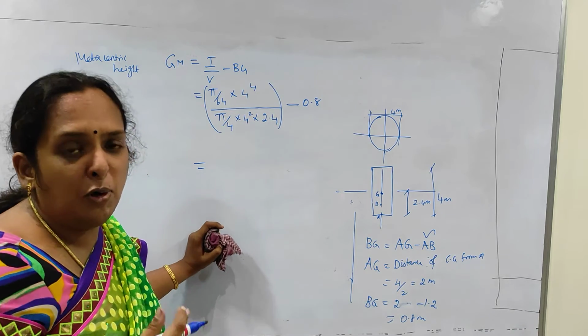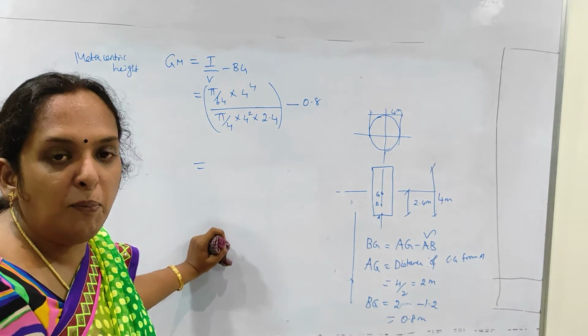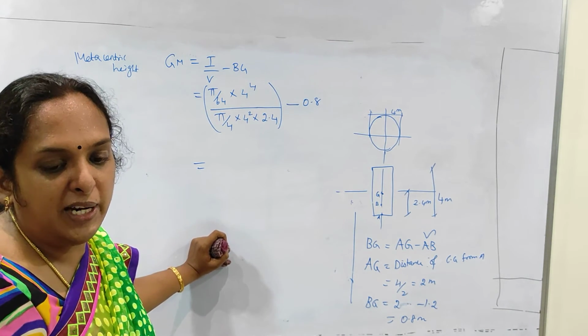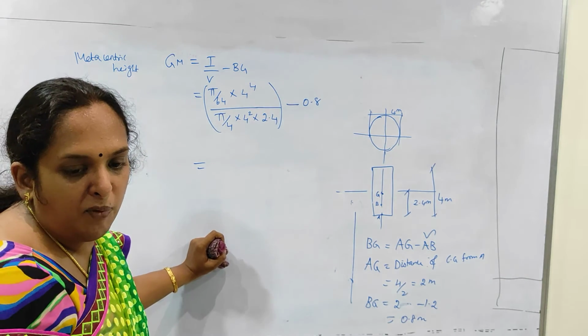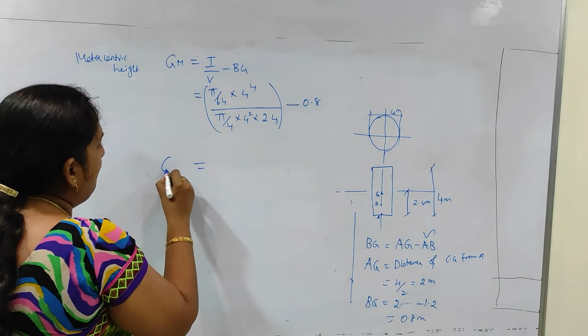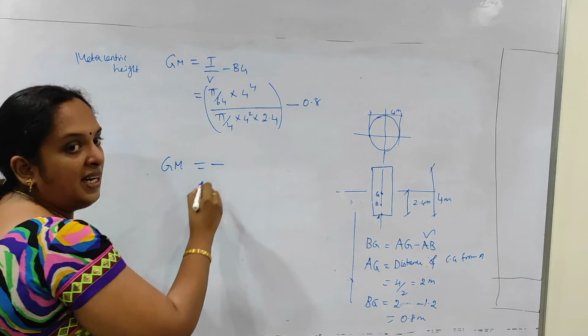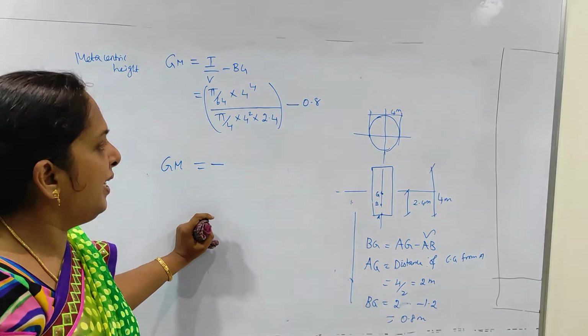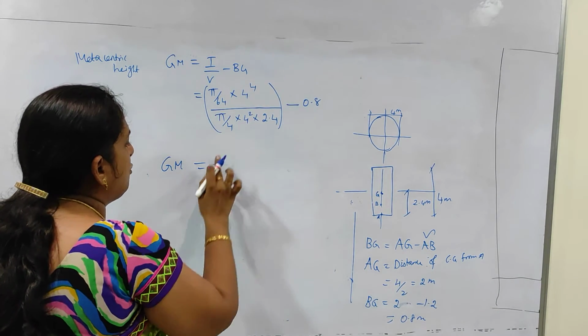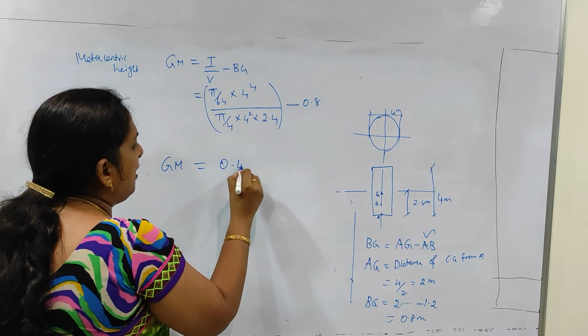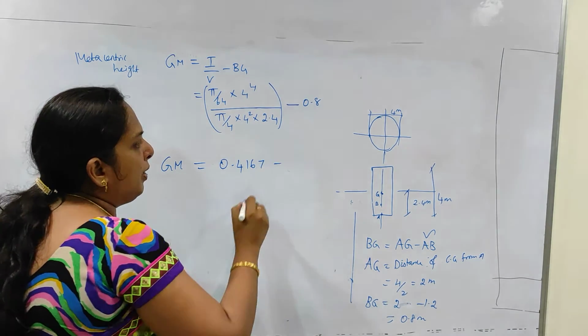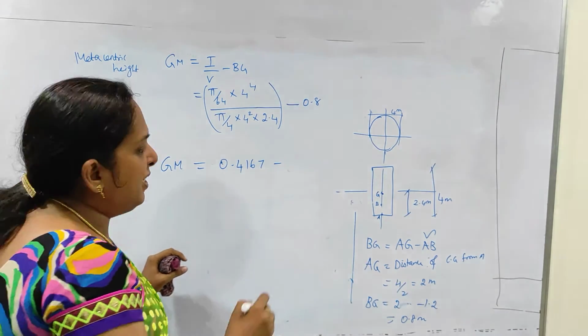So when you calculate this, what will you get? You will be getting the metacentric height GM. So the GM that I am getting here is minus, that is very important here. When I solve this I am getting 0.4167, minus 0.8.